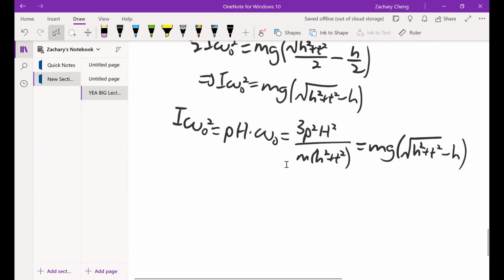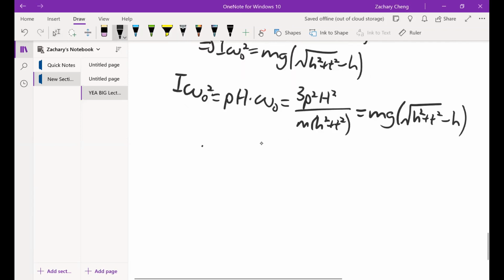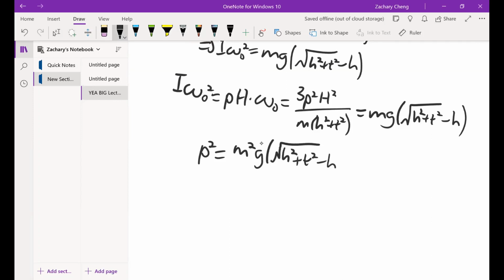And now we can just solve for p. Then p squared is equal to m squared g times (square root of h squared plus t squared minus h) times (h squared plus t squared) all over 3h squared.